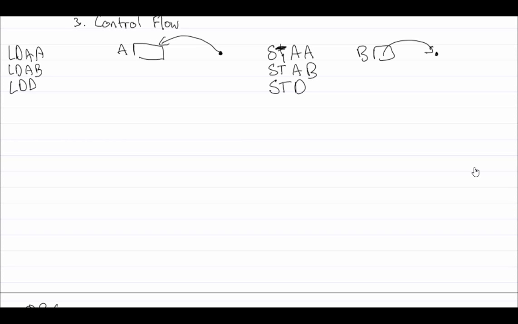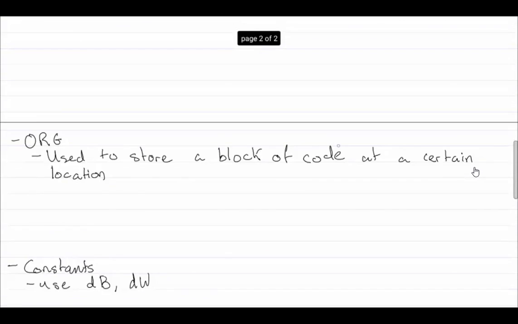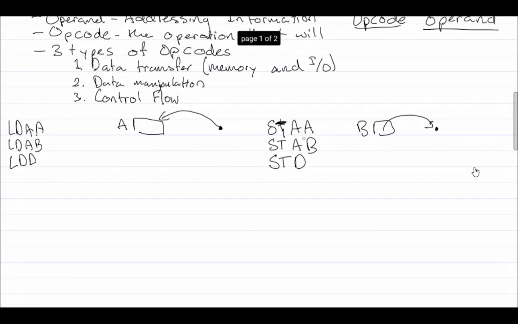What this does is move whatever is inside B, or whatever register you specify, out into memory. So there's store accumulator A, which will move whatever is inside A into memory. And then there's store accumulator B, which is shown in this diagram here. It'll move whatever's inside B into memory.